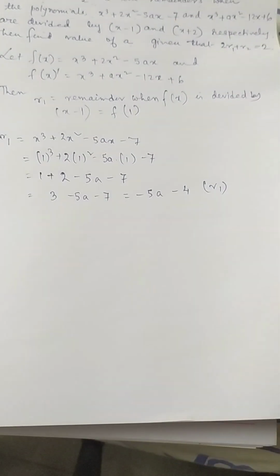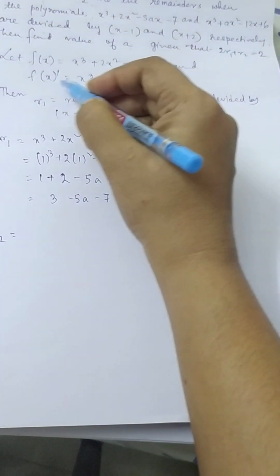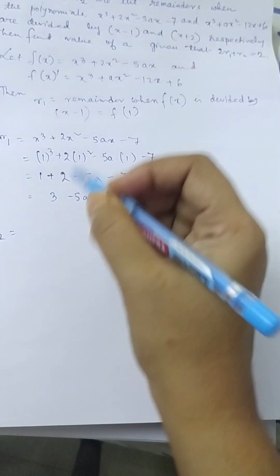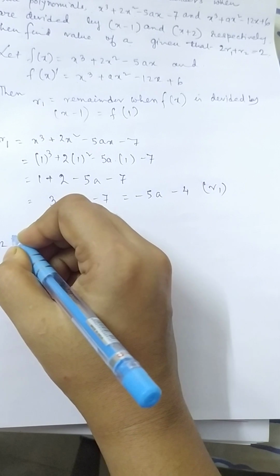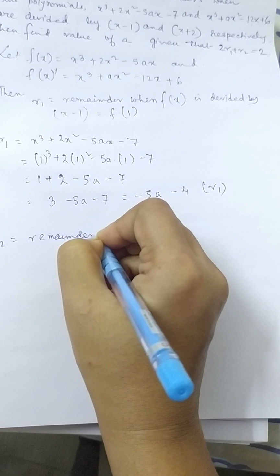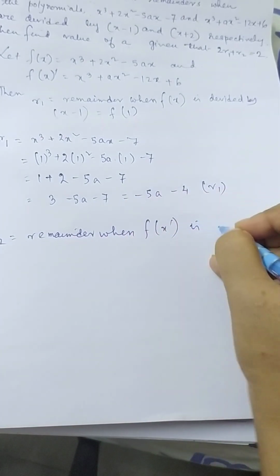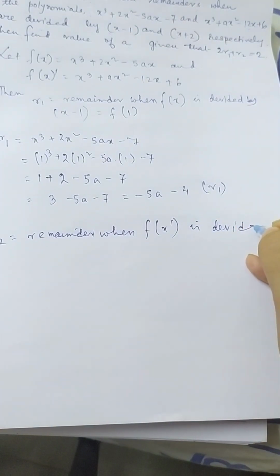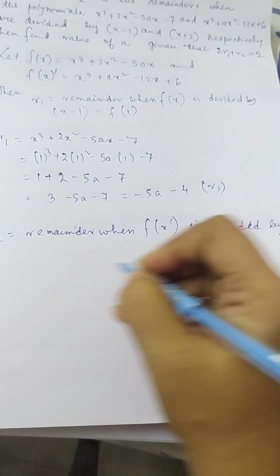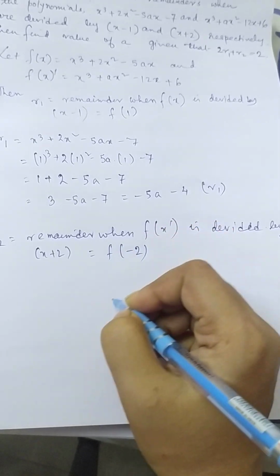Now what will be the remainder 2? In case of remainder 2, it will be f'(x). In case of f'(x), I will put the value of minus 2. Then R2 is the remainder when f'(x) is divided by x plus 2, so f(minus 2).